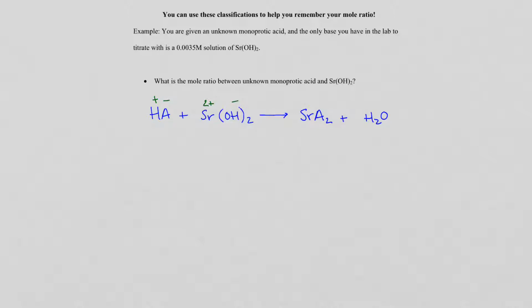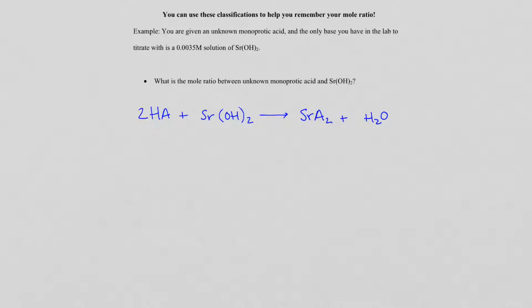Now, let's balance the equation so you can actually see that these coefficients work, right? Let's just start with our H's. We have 2 H's over here. So we're going to need to put a 2 out in front, right? So we're going to chuck a 2 out in front of HA. Now let's look at A really quick.